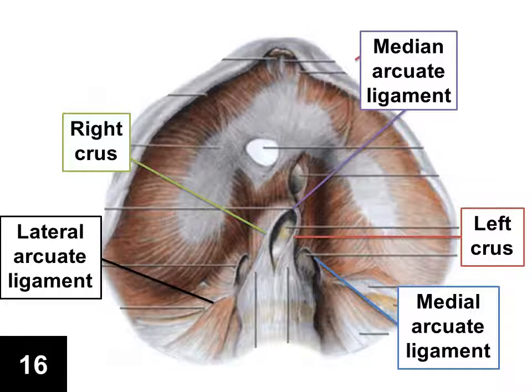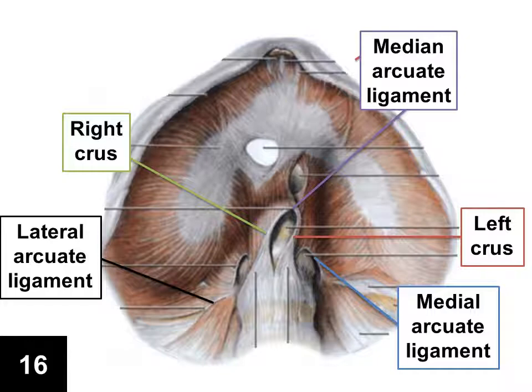As you see, the two crura are joined together in front of the descending aorta by a median arcuate ligament, which is indicated in purple and shown above.